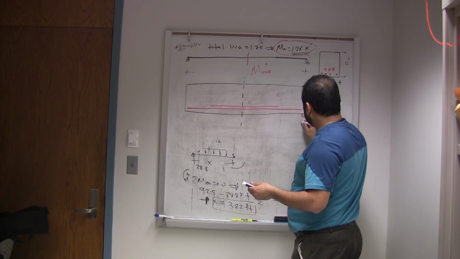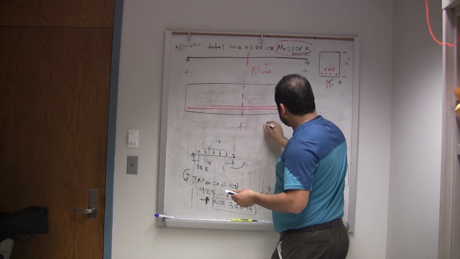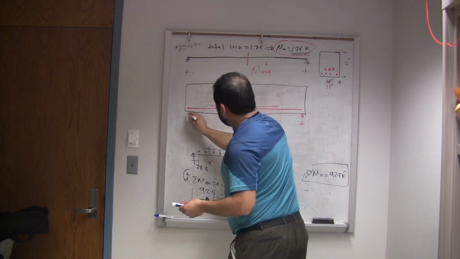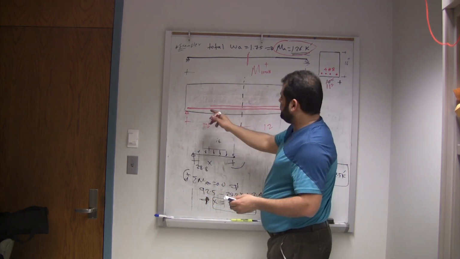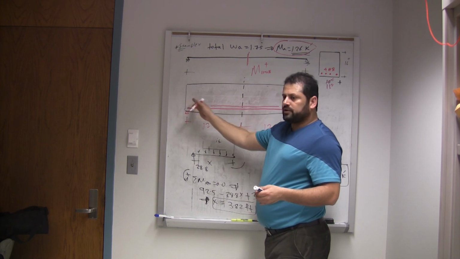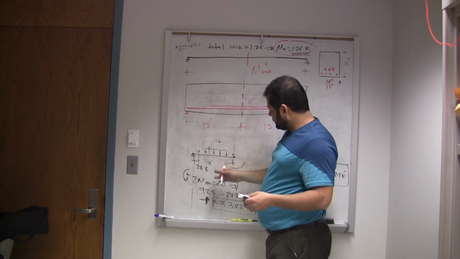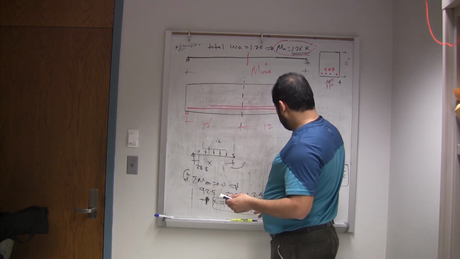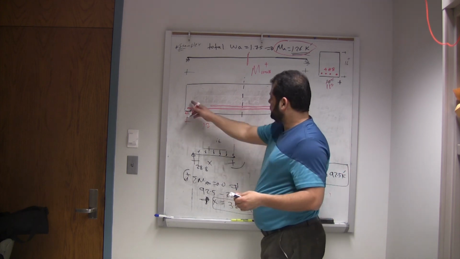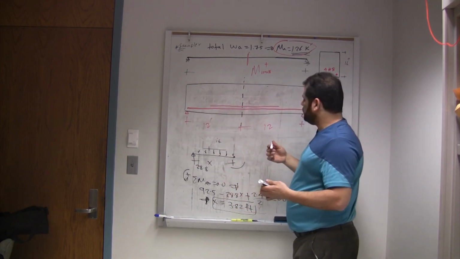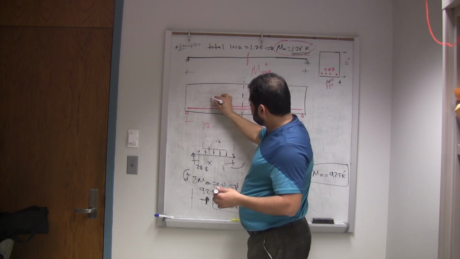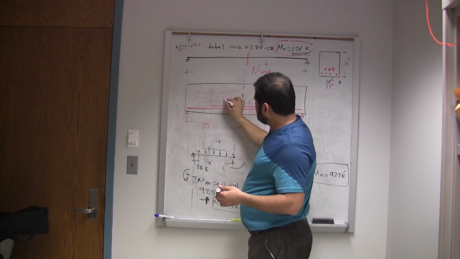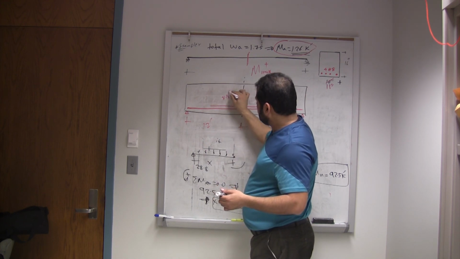This distance is 12 foot, and this is 12 foot. So from here to here, how much do I no longer need? 3.82. So 12 minus that number is 8.18 foot.